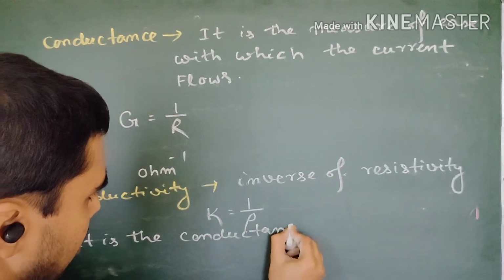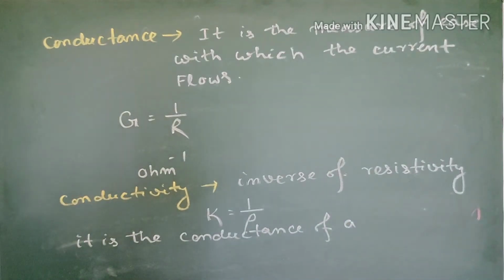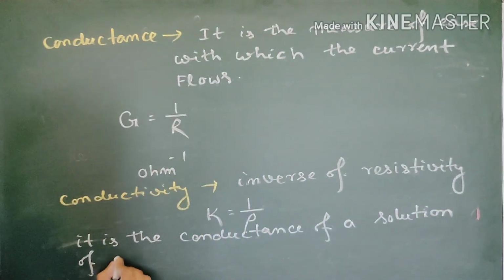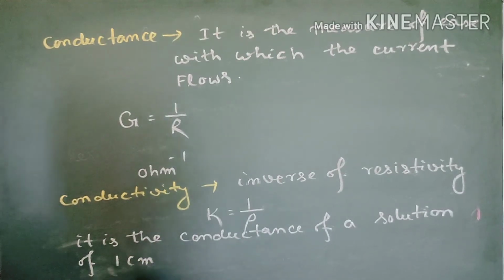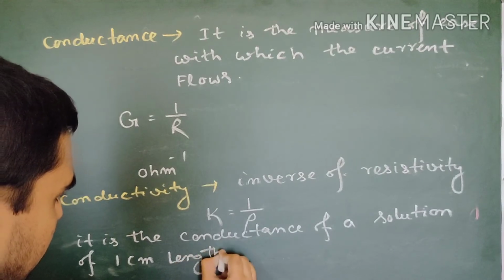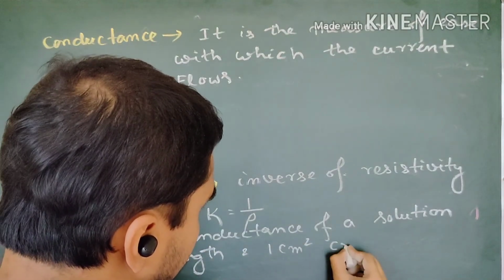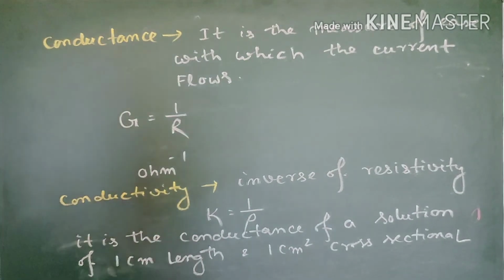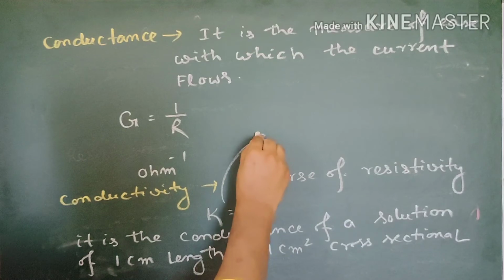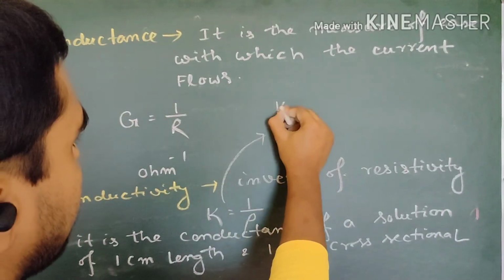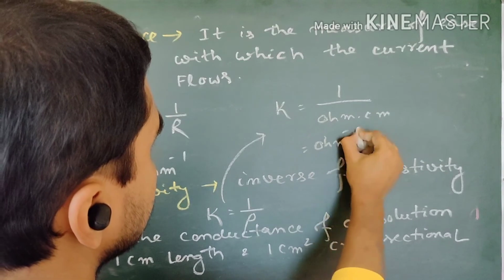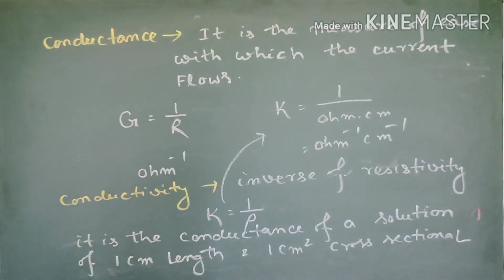If we are talking about its unit, resistivity is ohm centimeter, so it should be ohm inverse centimeter inverse, just opposite. So these are the things that we have got to know.